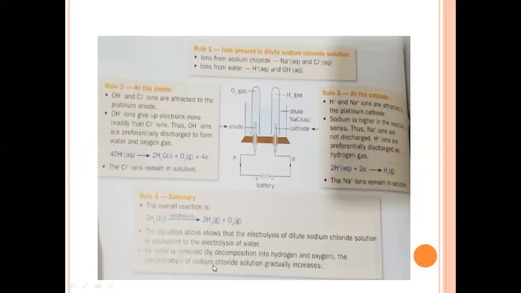As water is removed in the form of hydrogen and oxygen gas, the concentration of the sodium chloride solution gradually increases. As electrolysis goes on, oxygen and hydrogen gas evolve out, and chloride and sodium ions remain in this solution. At the end, sodium and chloride ions combine together and the concentration of sodium chloride in the solution increases.